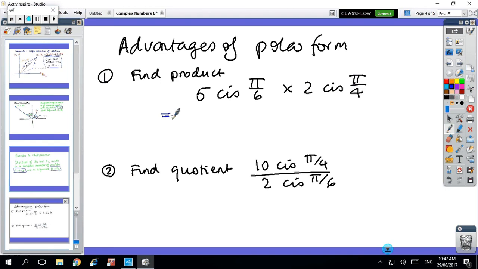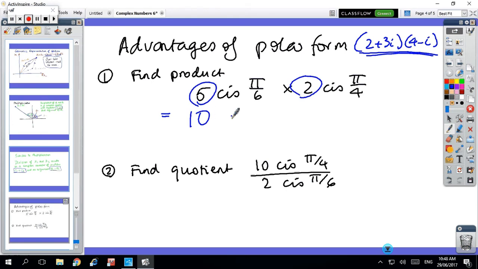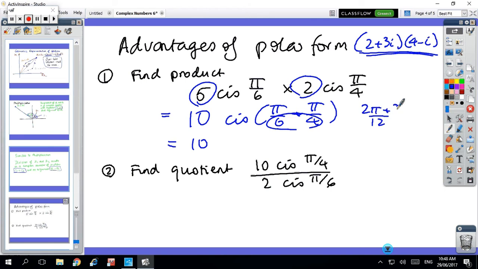When we had 2 plus 3i multiplied by 4 minus i, it doesn't take much to expand that out, but in polar form we don't have to do any expanding, because when we're multiplying, that's a 5, that's a 2, so the new length is 10, and then I just add the two angles together. The lowest common denominator is going to be 12, so this will be 2 pi on 12 plus 3 pi on 12, so it ends up being 10 cis of 5 pi on 12.